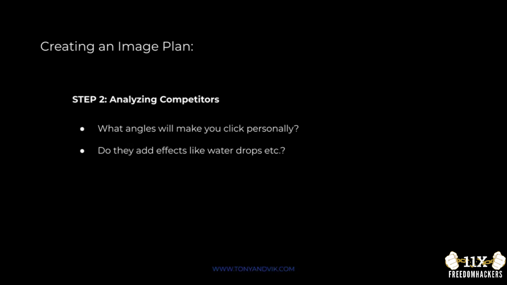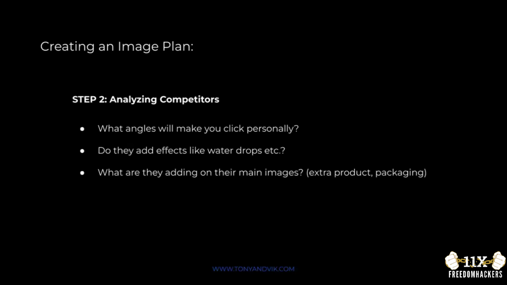Okay, it's about water resistance, or the product is waterproof or whatever. So what are they adding on their main images? Is there an extra product or packaging? And the main image, the thumbnail, that's the number one thing that we need to focus on, because we need to be able to beat all the competitors.